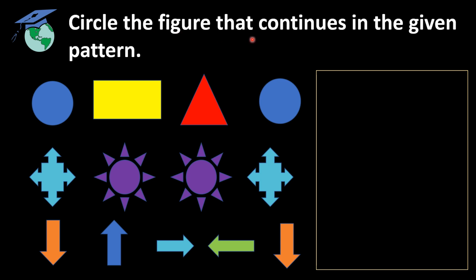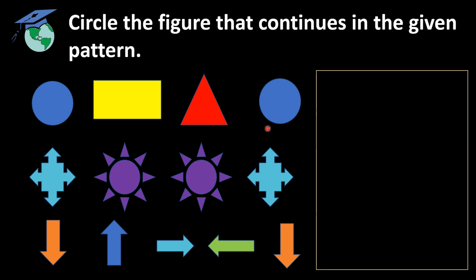Circle the figure that continues in the given pattern. You have to circle what is going to come next. So let us see what is the pattern over here. The pattern is the circle, the rectangle, the triangle. This is a complete pattern.